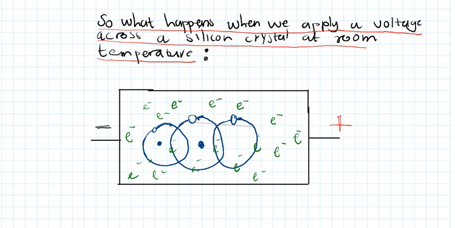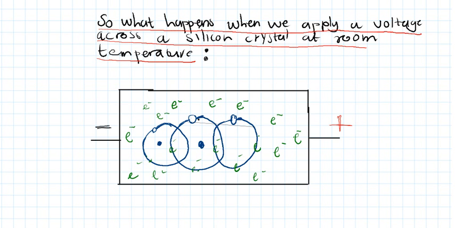So what happens, guys, is that as soon as we apply a voltage to this silicon crystal, the electrons which are in the conduction band, as you can see, there are holes in the valence shell. These holes represent where electrons are missing. There are vacancies, as you can see, spaces. So electrons do exist in the conduction band.